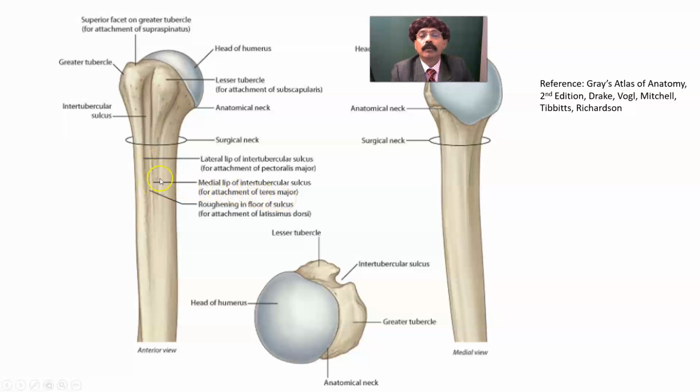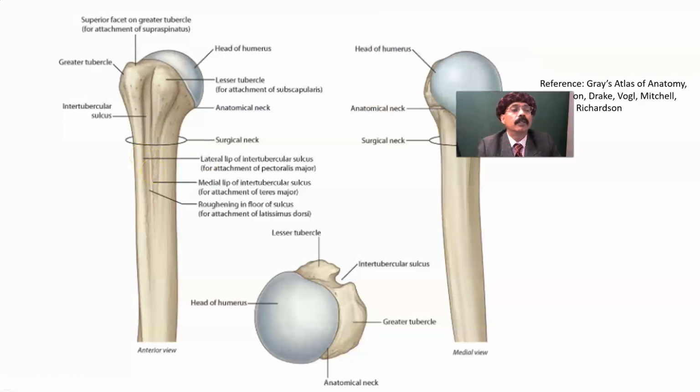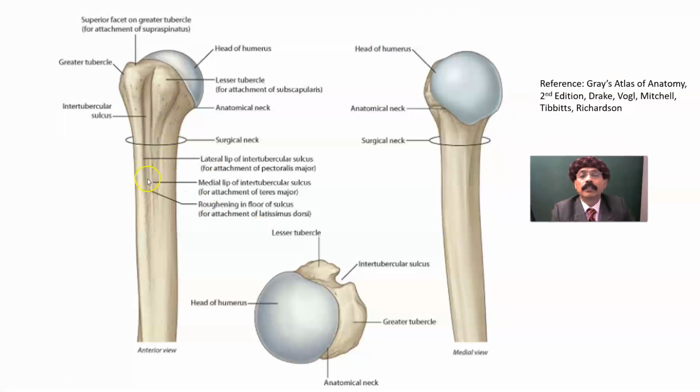In the floor we'll get the attachment of the latissimus dorsi. These all are insertions: insertion of latissimus dorsi, insertion of the pectoralis major, insertion of the teres major. The usual mnemonic is that the lady is between two majors.